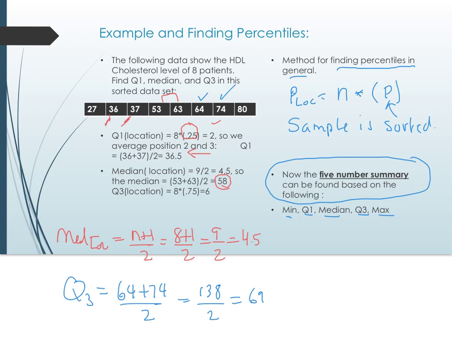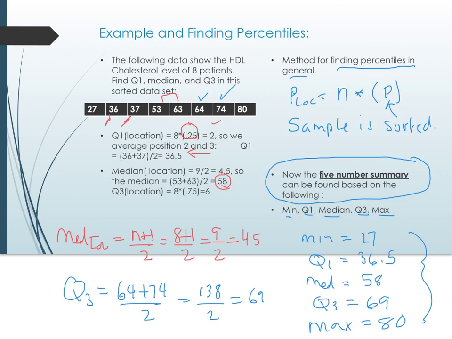So in this data set, our 5-number summary is the minimum is equal to 27, Q1 is equal to 36.5, the median is equal to 58, Q3 is equal to 69, and the max is equal to 80. There's our 5-number summary.